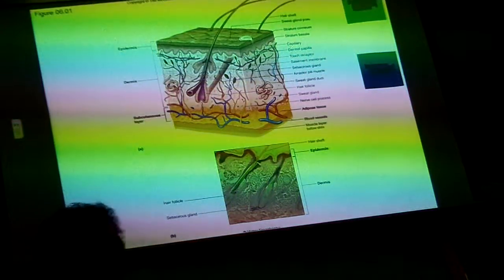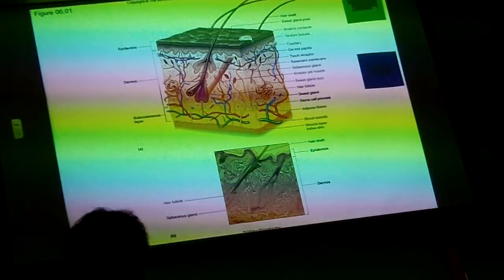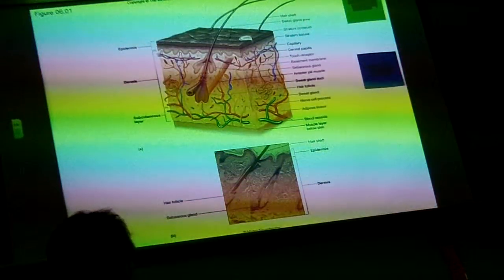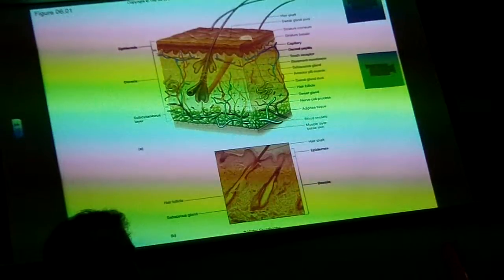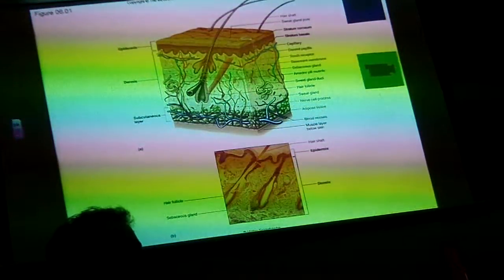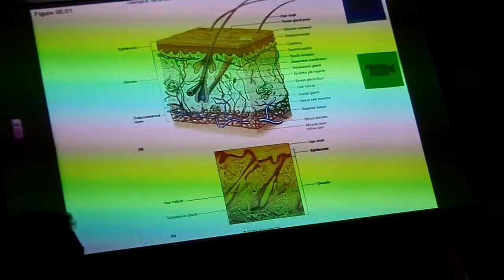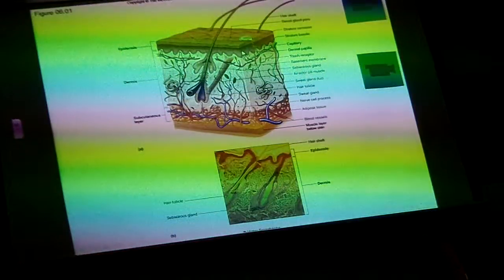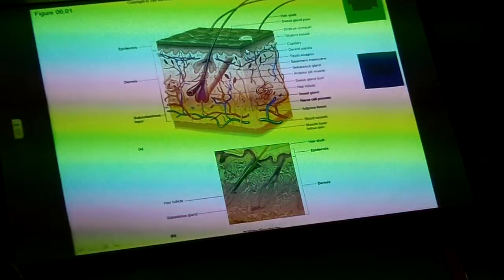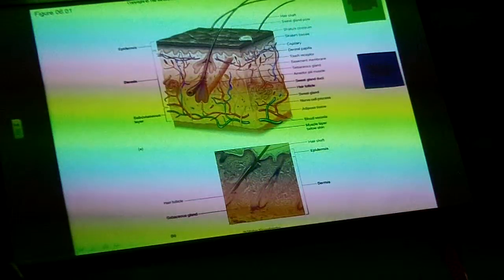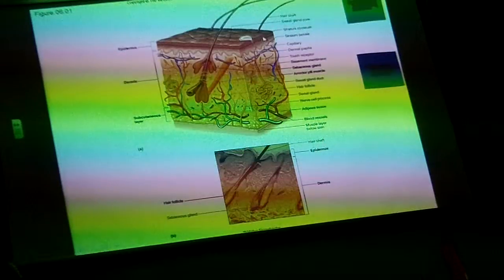And that's okay, because the cells are filled with a material called keratin. Keratin is a tough, waterproof protein. As these cells move upward, in their short life, it only takes about a week to go from the stratum basale to the stratum corneum.